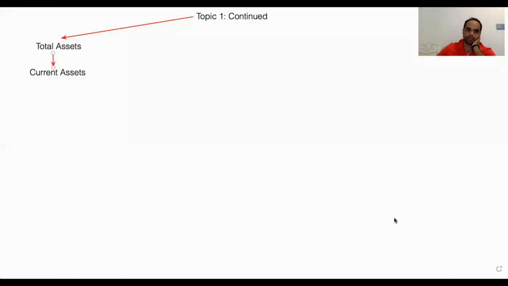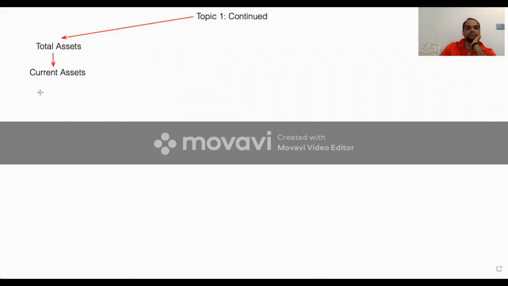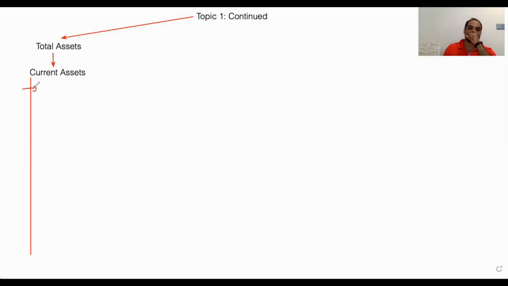current assets. So what is inside current assets? The first current asset is cash. Current asset means any kind of asset that we can quickly convert into cash.